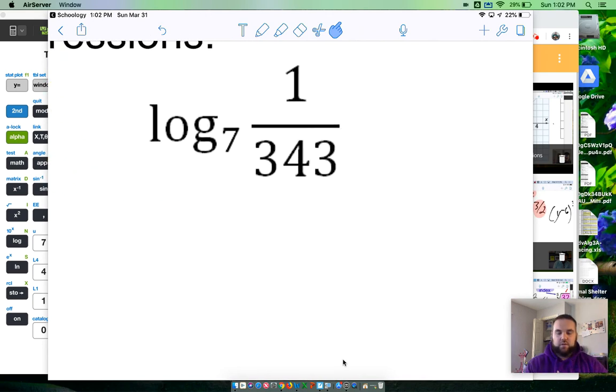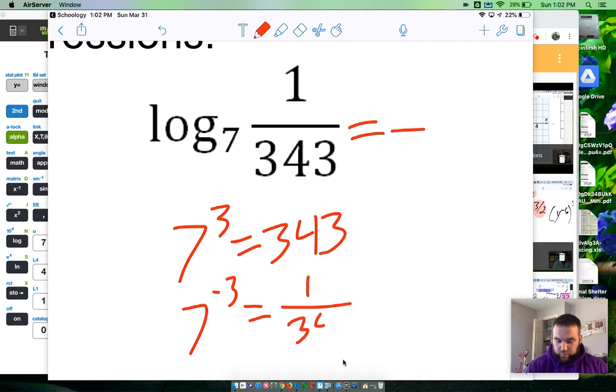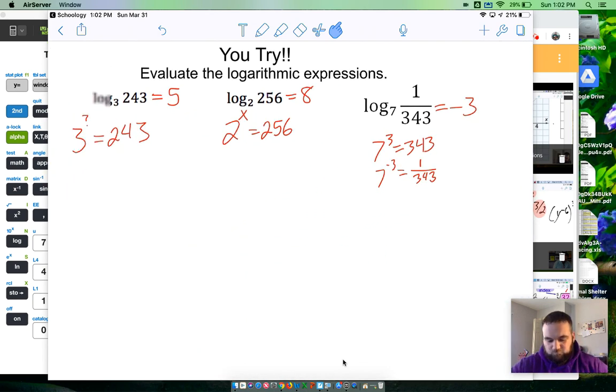And log base 7 of 1 over 343. If you see a fraction, you should automatically think that this is going to be a negative value in all likelihood. I know 7 to the 3rd power equals 343. So in order to make it a fraction, I'm just going to make the exponent negative. So 7 to the negative 3 would be 1 over 343, which means my result here is negative 3. So log base 7 of 1 over 343 gives me negative 3.